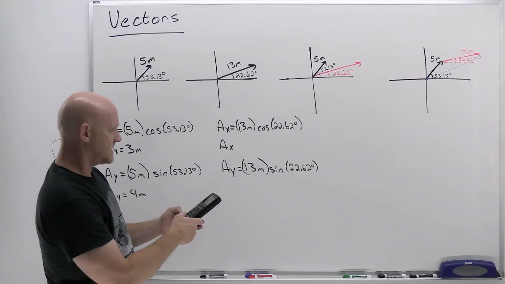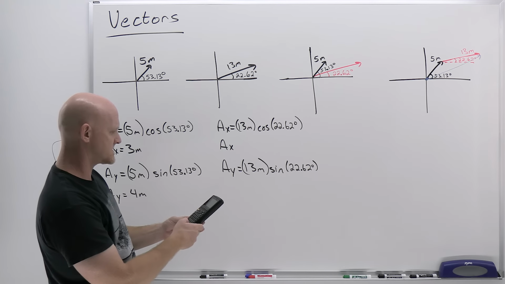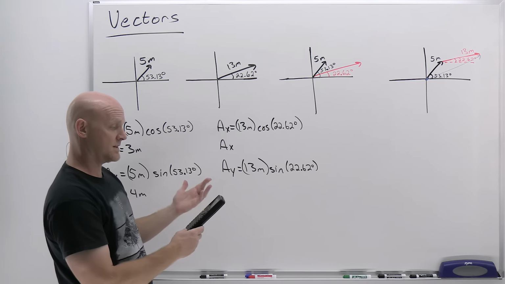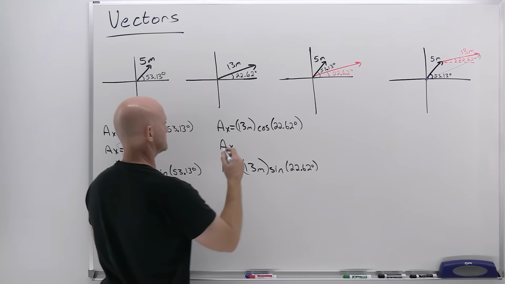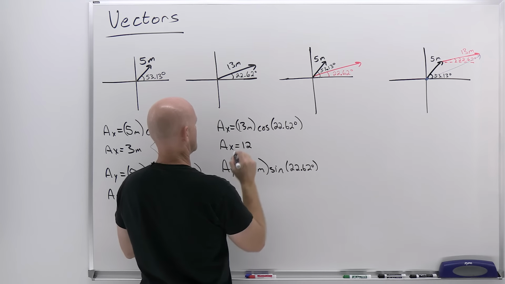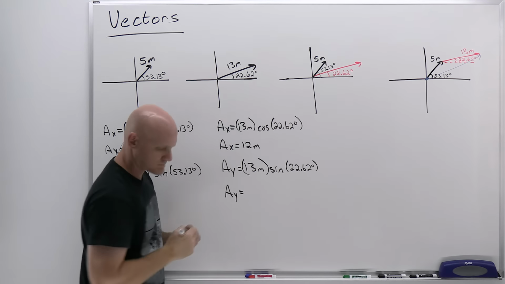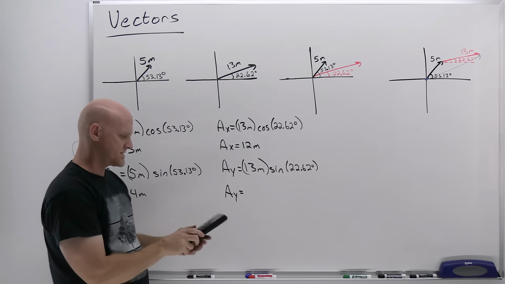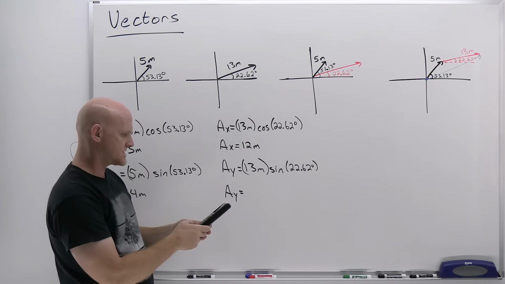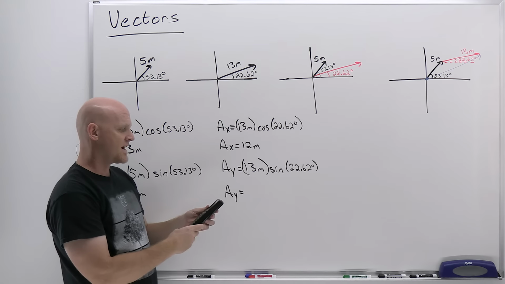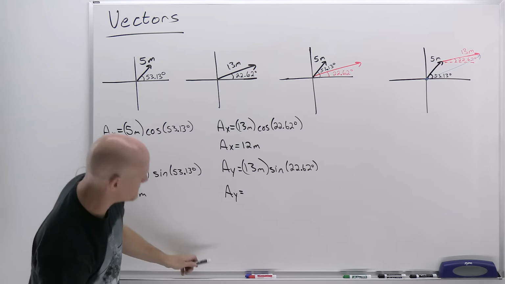But we'll do 13 times the cosine of 22.62, and we're going to get 11.9999, i.e. 12, as the x component. And the y component, 13 times the sine of 22.62. And it's going to come out to 5.0000 and something, so essentially 5.